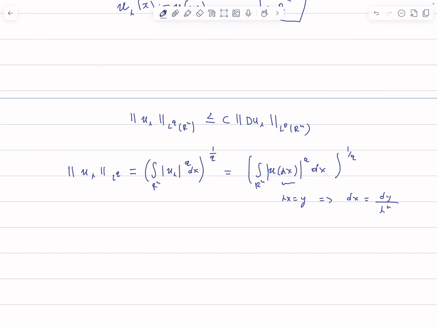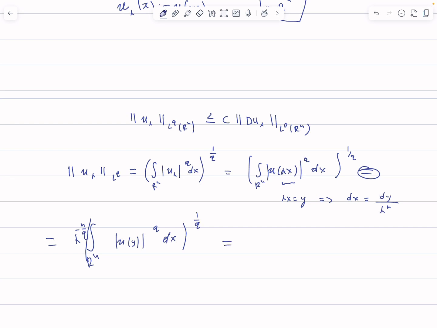Because we are in n-dimensional space. So this will be equal to the integral over R^n of |u(y)|^q dy, and we can take out lambda to the power minus n divided by q.